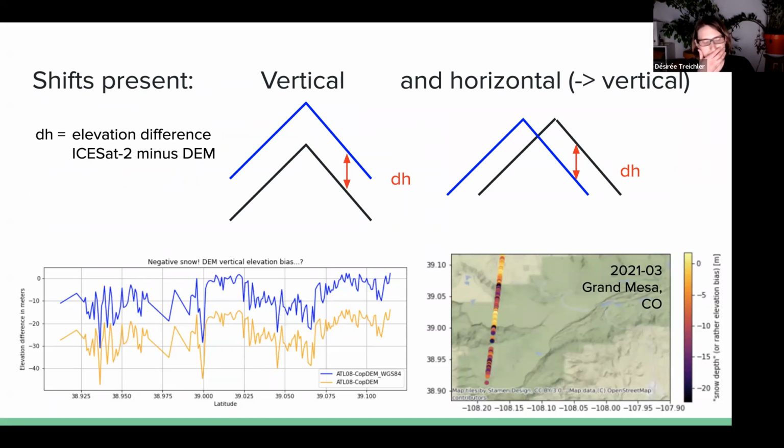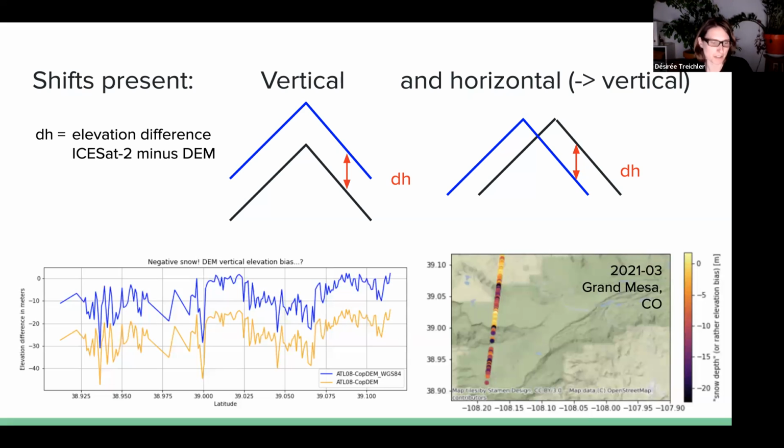So what we have in terms of shifts here likely is some vertical shifts. That means the DEMs and the ICESat-2 track are somehow vertically shifted. In addition, you probably also have some horizontal shifts, which also translate into vertical shifts, because if you are on a slope, there will be some elevation difference resulting from a horizontal shift.